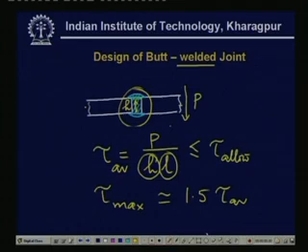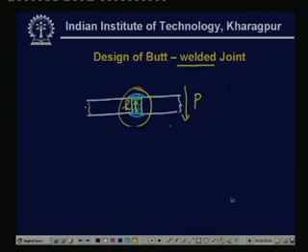If you talk of different kinds of butt joint, let us consider double U or J type butt joints, let us say double U. Here these are the two parts to be mated, and we insert weld melt here.